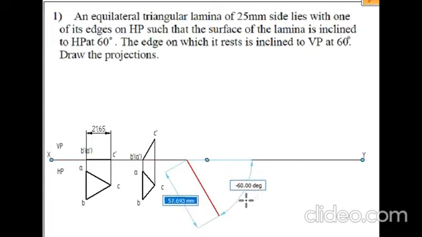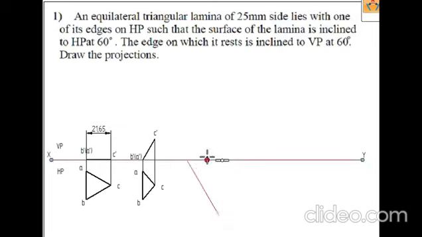Minus 60 degrees, okay, so I will draw on the line. So I have to measure. By using the protractor, I will measure the angle. I will cross verify once again that the angle I have given is 60 degrees. Yes, it is correct. So now this view has to be placed at this particular line.